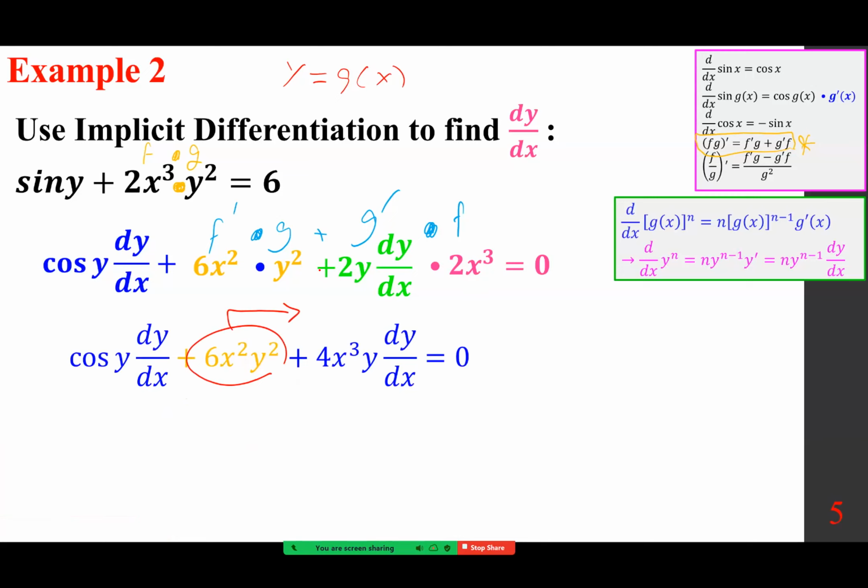So what is left? On the left side, we take out the dy dx. So this gives us cosine y, this gives us 4x cubed y, and this moves, becomes negative on the other side. So these two, we just took the common factor of dy dx out, divide by the parentheses, and we are done.